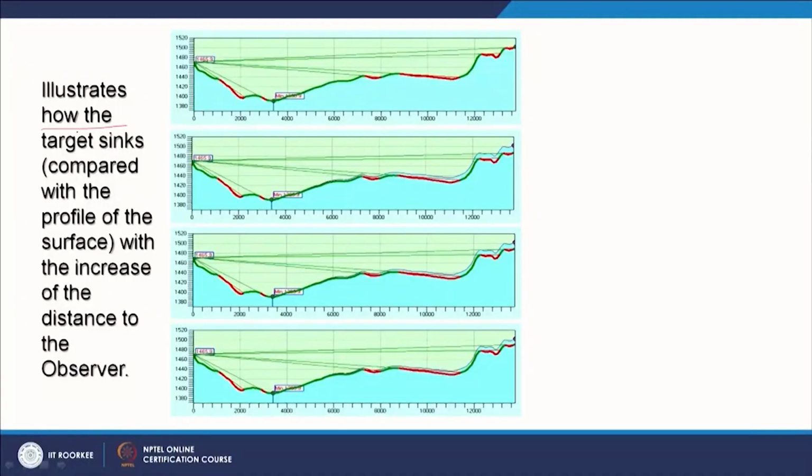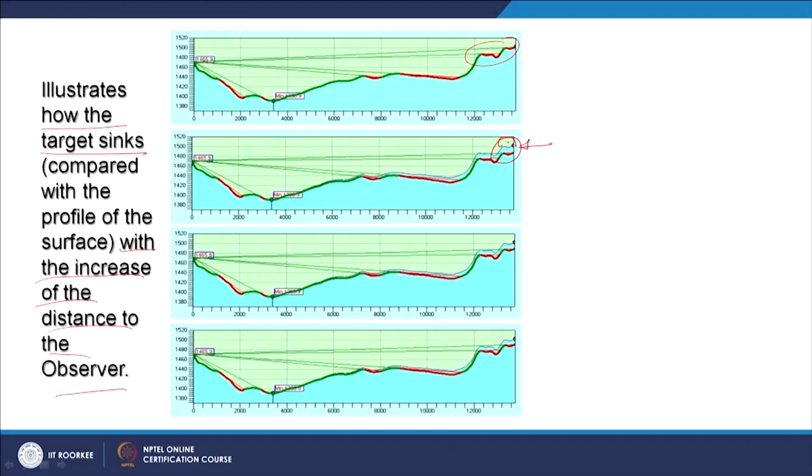Now this also illustrates how the target sinks compared with the profile of the surface with increase of the distance to the observer. So if we change the position, this is how it will happen, as you can see here, that here things are visible, but because of these other reasons there will be a difference, which you can see here.